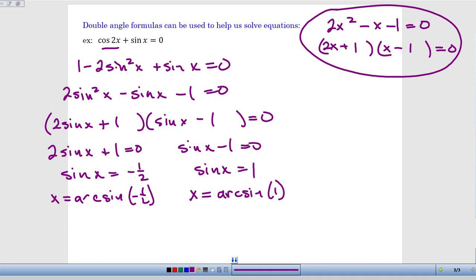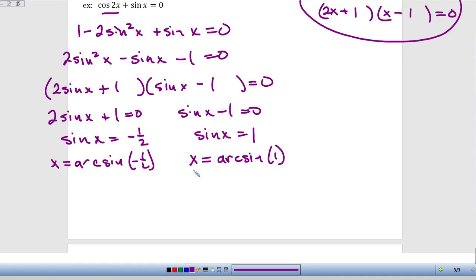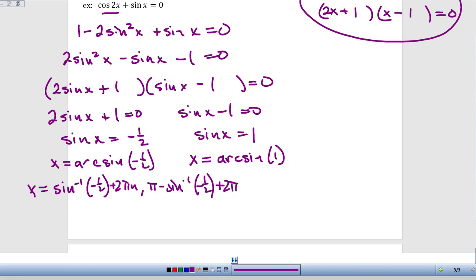So then we go to our definition of arc sine. So I'm just going to scroll down here a little bit, give ourselves a touch more room. So the definition of arc sine says we've got x equals the inverse sine of -1/2 plus 2 pi n, and we've also got pi minus the inverse sine of -1/2 plus 2 pi n.